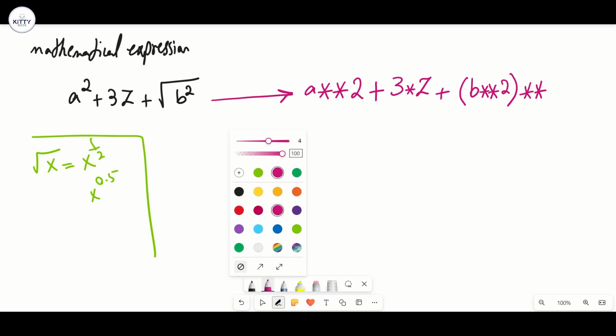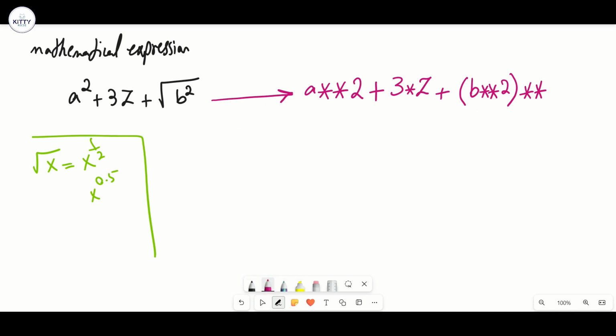So here you can say b to the power 2 to the power 0.5. What if you want to use 1 over 2 instead of 0.5? This is another way: b to the power 2 to the power 1 over 2.